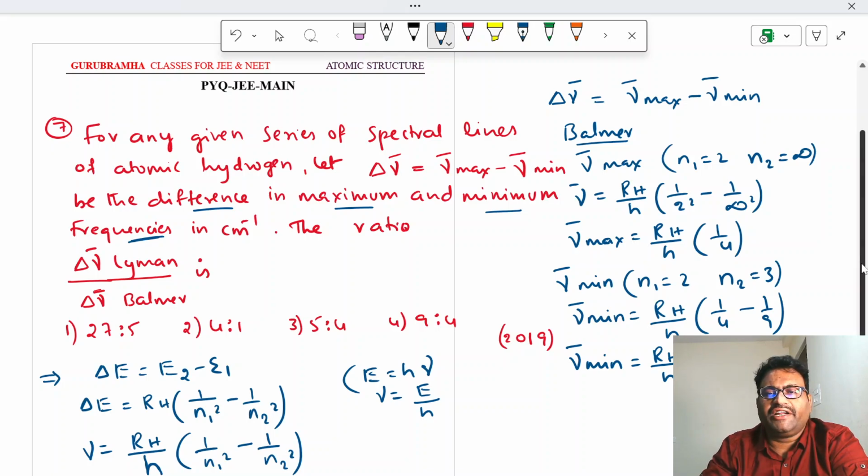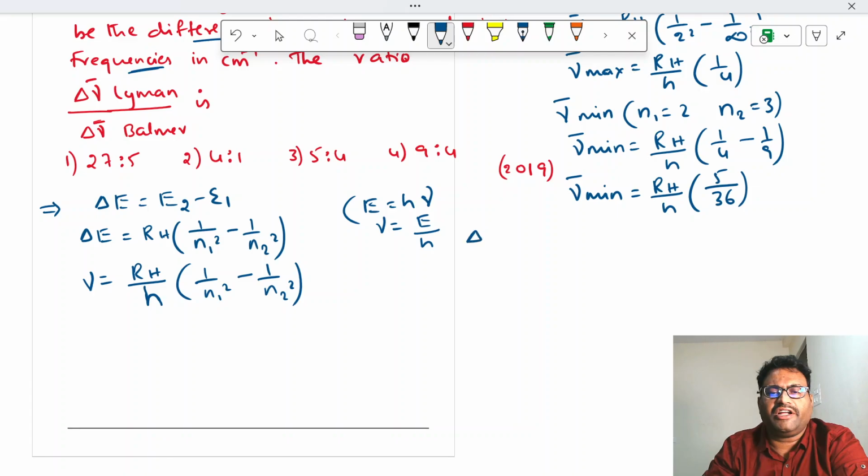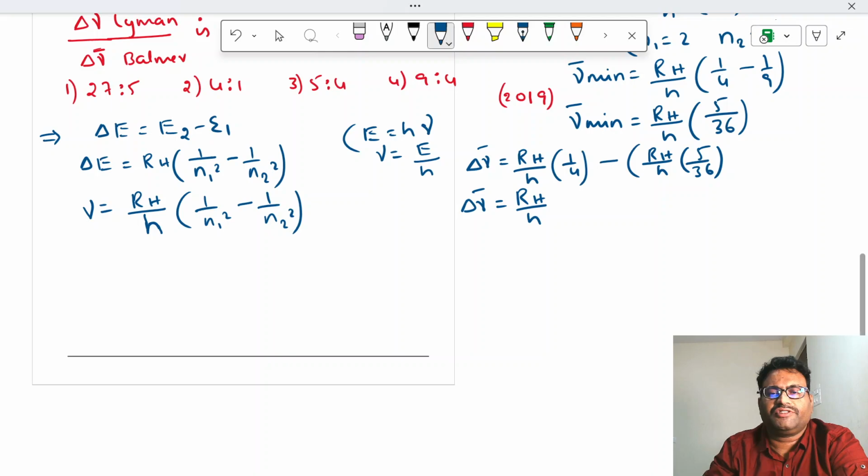Then if you calculate delta nu, it is the maximum, RH by h into 1 by 4, minus RH by h into 5 by 36. Taking RH by h common, what do you get? 1 by 4 minus 5 by 36.